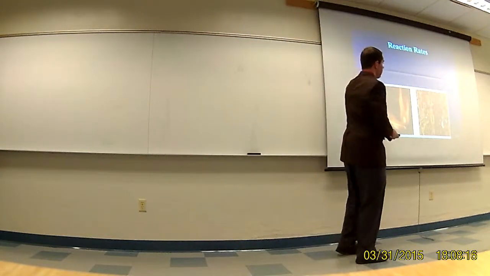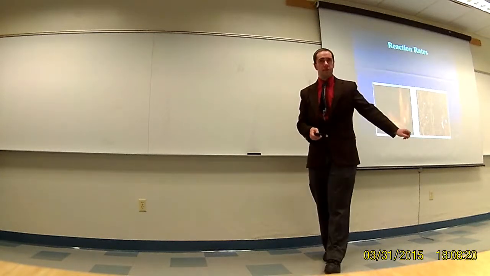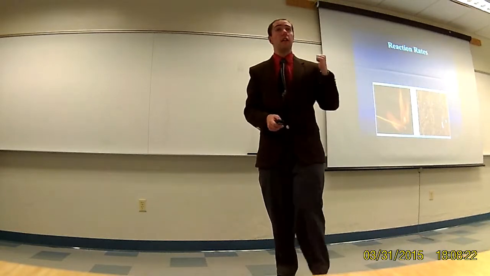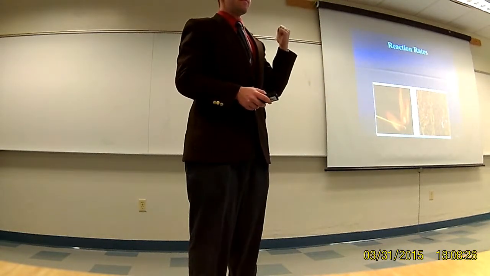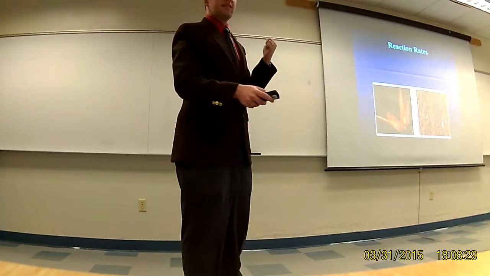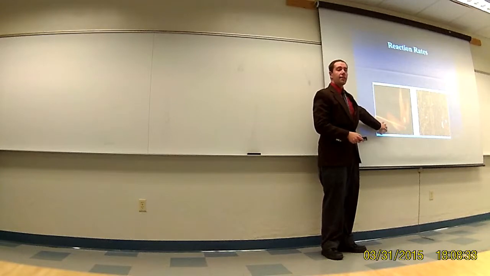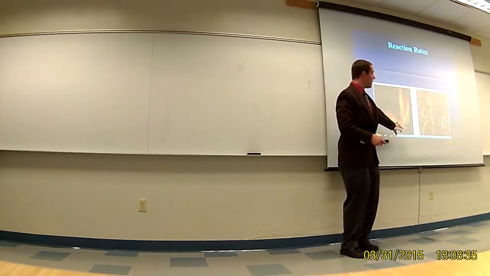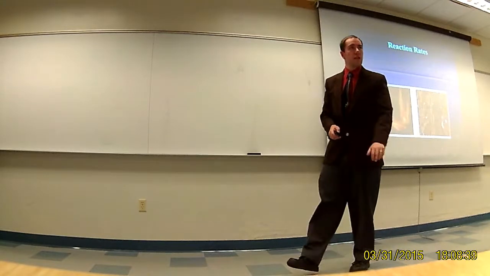Up here are two pictures of very similar reactions. They don't look similar at all. What is similar about them? Oxidizing, exactly. Here we have a match burning, it's reacting with oxygen, it's oxidizing. This is iron turning to rust.